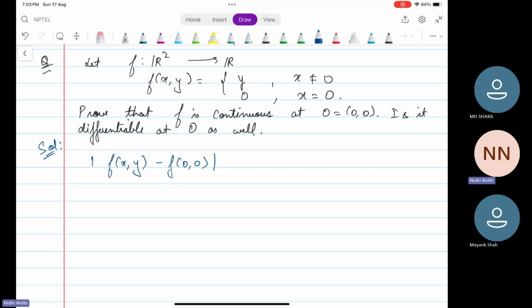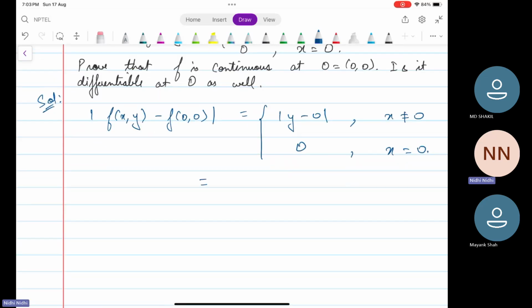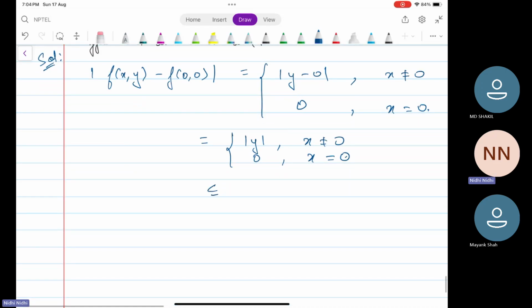This is equal to mod y minus 0, obviously f at (0,0) is 0. This happens when x is non-zero, and this is equal to 0 when x is 0. So this is basically mod y, and I can clearly write it as less than or equal to mod y.